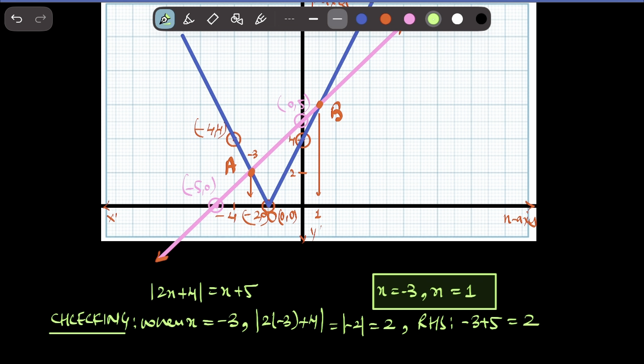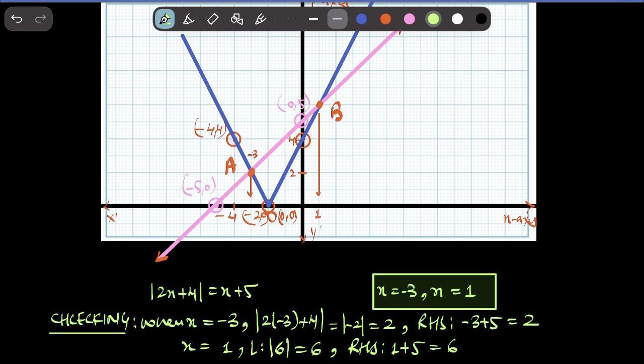Now let's talk about x is equals to 1. So in the left hand side part, I will put x is equals to 1. So it will become 2 times 1 is 2, 2 plus 4 is 6, and mod of 6 is 6. And on the right hand side, I will be getting 1 plus 5, that is 6. So yes, both of them are solutions.